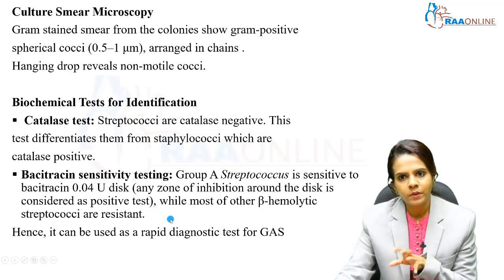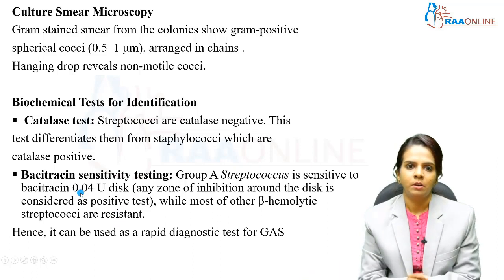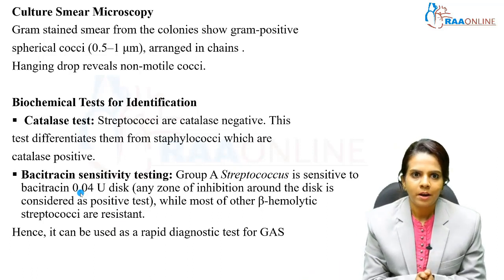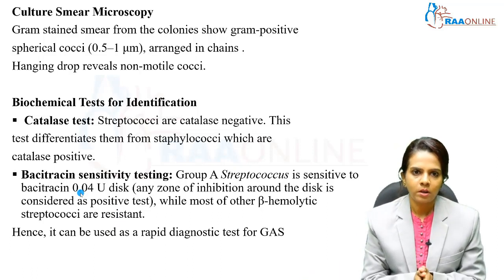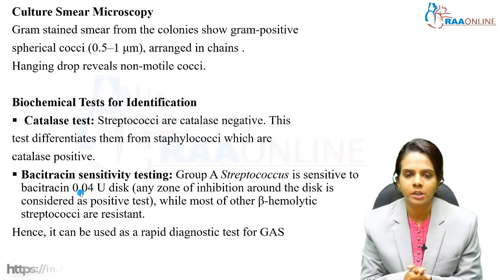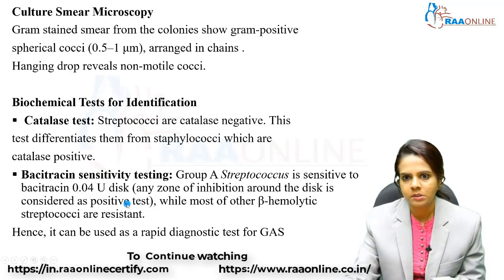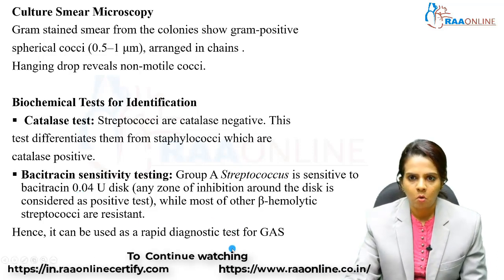But most of the other beta hemolytic streptococci are resistant to bacitracin. So this is one identification test. In this way we can differentiate it from other beta hemolytic streptococci. Hence it can be used as a rapid diagnostic test for group A Streptococcus, which is Streptococcus pyogenes.